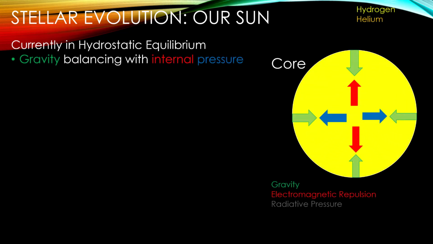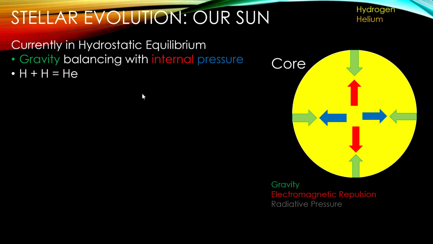That means gravity is balanced out with the internal pressure, which is the radiative pressure and the electromagnetic repulsion. Those forces balance out gravity, and that's why it's not shrinking or growing.